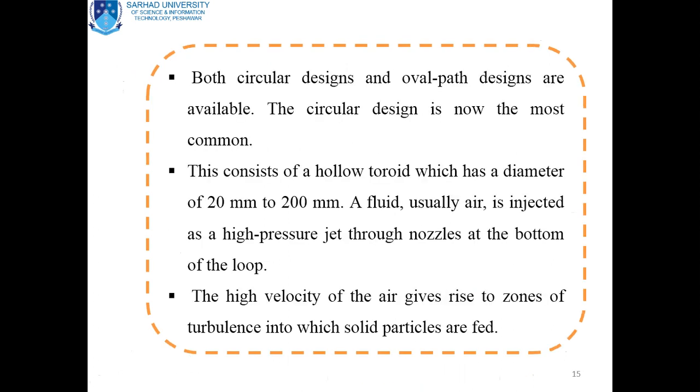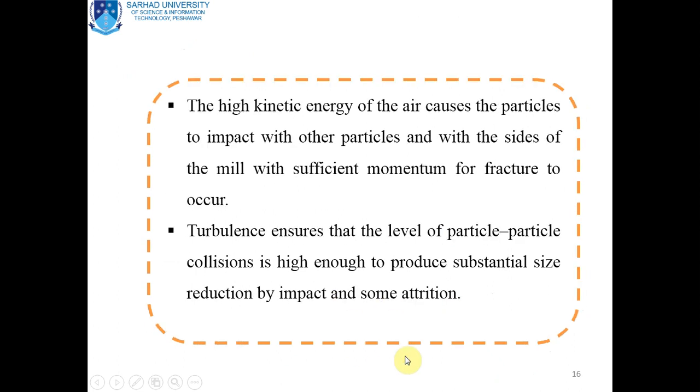The high velocity of the air at the bottom of the loop gives rise to a zone of turbulence to which solid particles are fed. The high kinetic energy of the air causes the particles to impact with other particles and with the sides of the mill with sufficient momentum for fracture to occur.